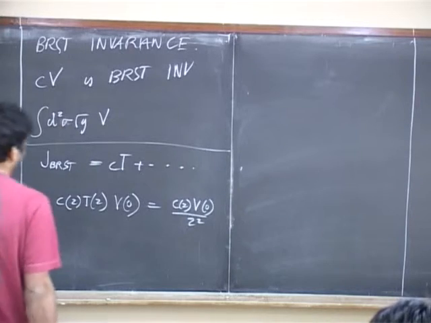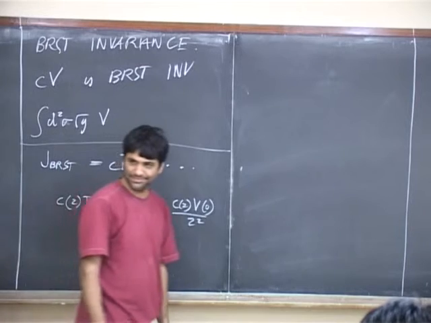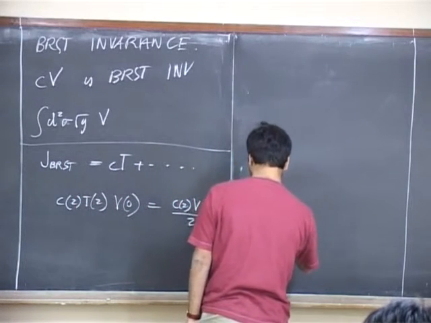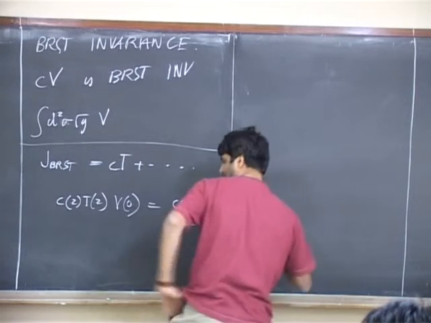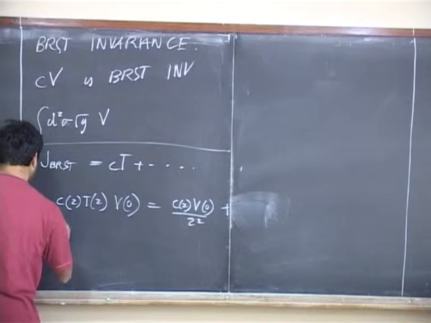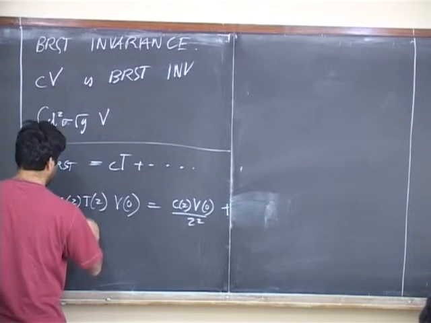So this is h V of 0 by z squared, but h is 1. And then plus the other term, which is C of z times ∂V, plus C of z times ∂_z T by z.